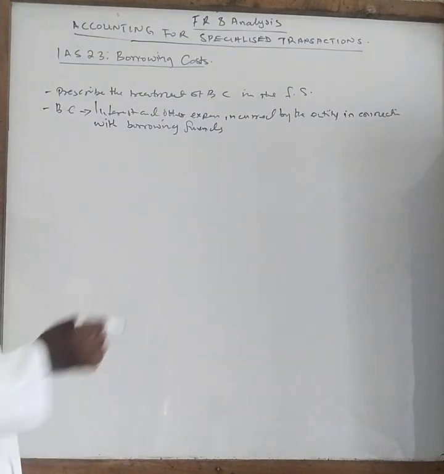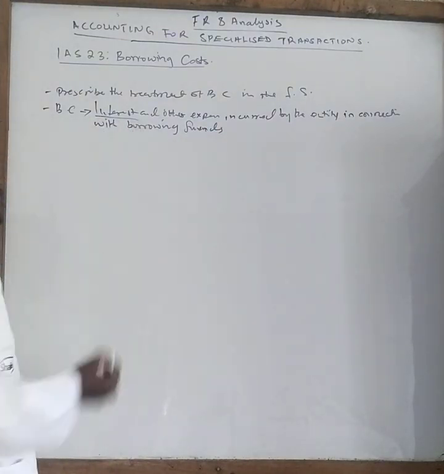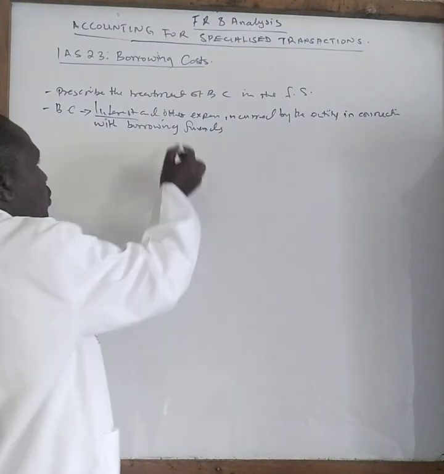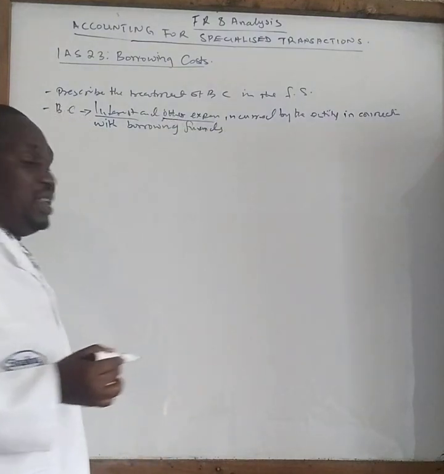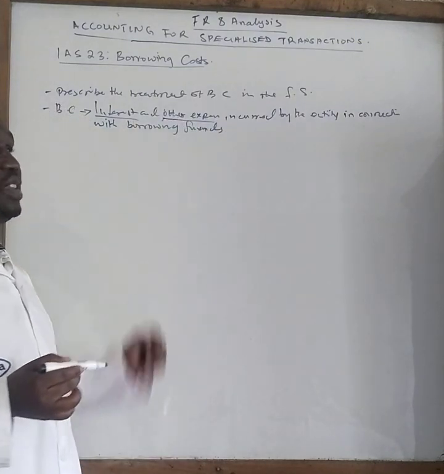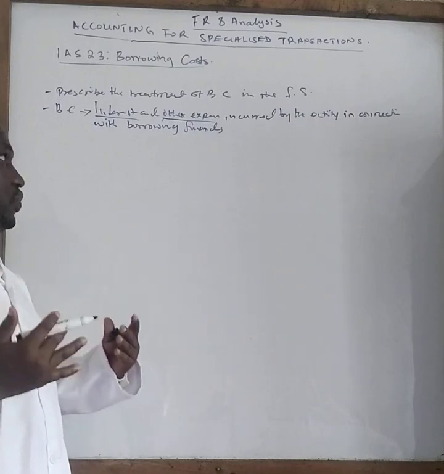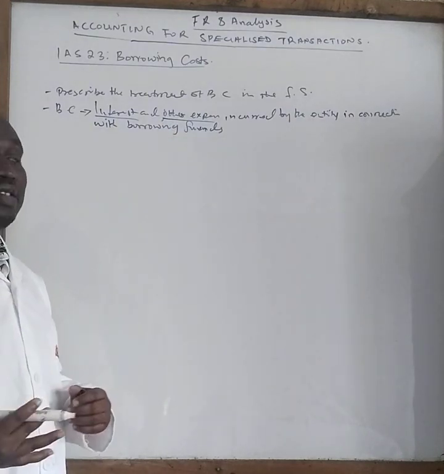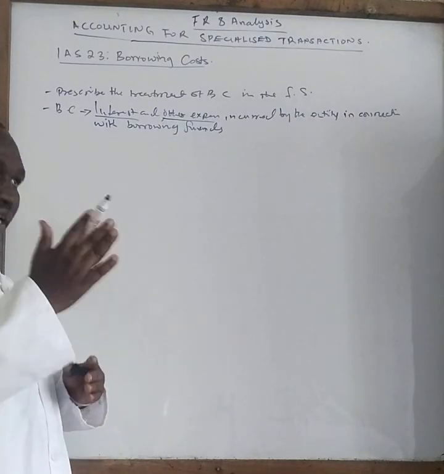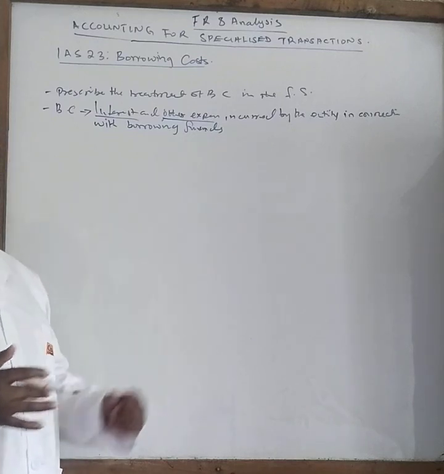So here we have two terms: interest, and other expenses. Other than the interest normally incurred on the borrowed funds, we also have other expenses incurred in connection with the borrowing of funds.